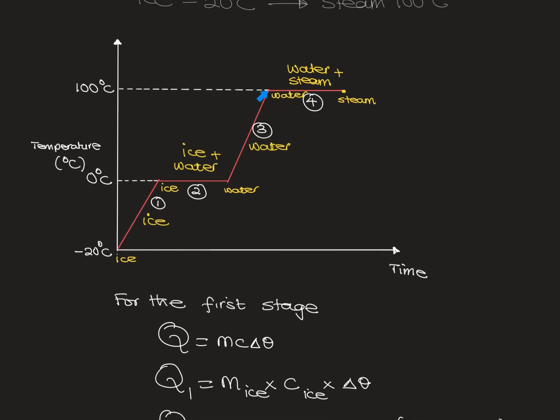Moving on to the fourth stage, we have water that is at 100 degrees Celsius being converted to steam at 100 degrees Celsius. So this is a phase change. Water is converted to steam. Since there is no change in temperature, we have to use the specific latent heat, specifically the specific latent heat of vaporization.